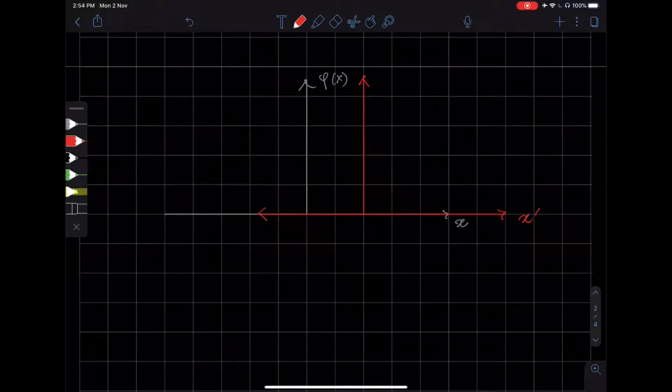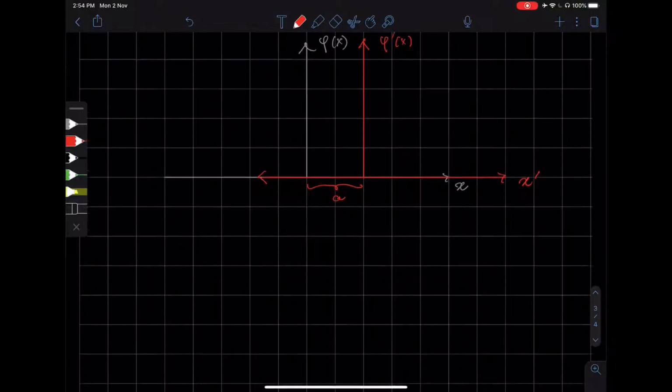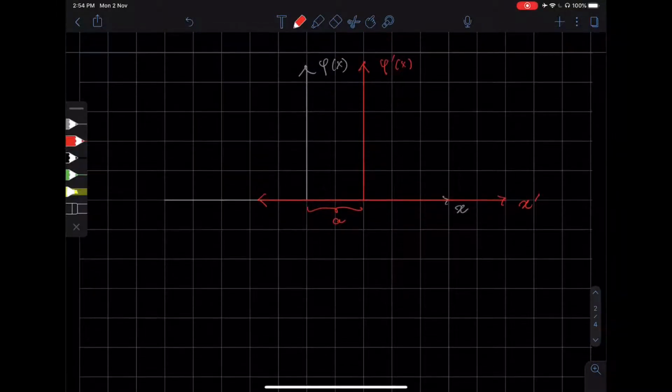This distance is a, where a is a positive number. And this is our new field, phi prime of x.